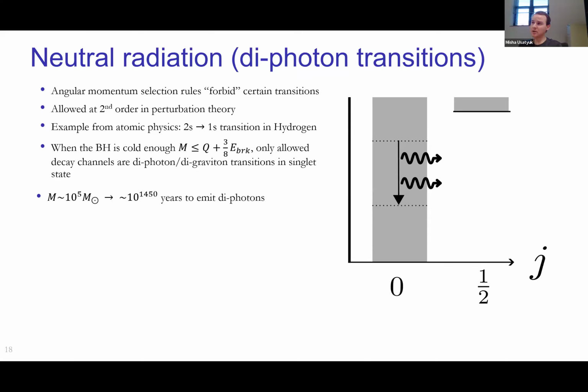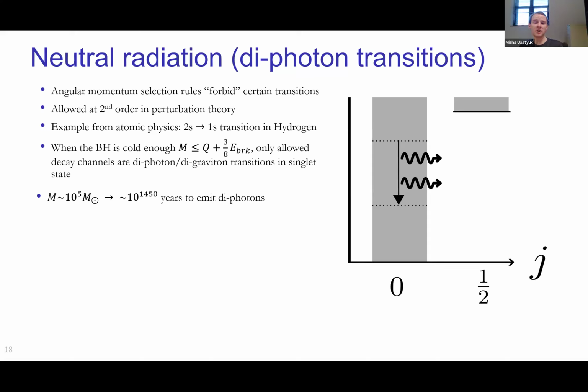Using standard formulas from second order perturbation theory, you can work out the transition rate for the black hole to emit these two entangled photons in a singlet state. What you find is it takes 10^1450 years to emit diphotons.